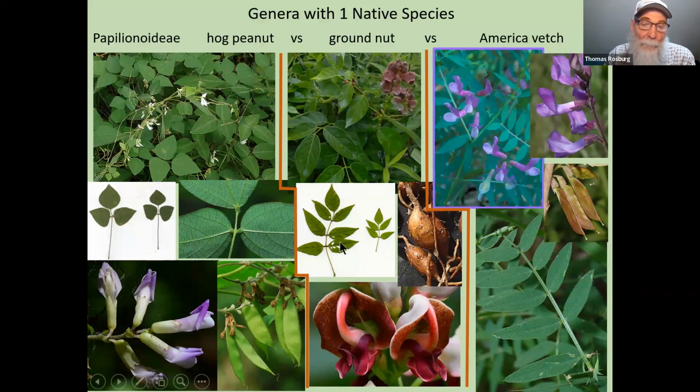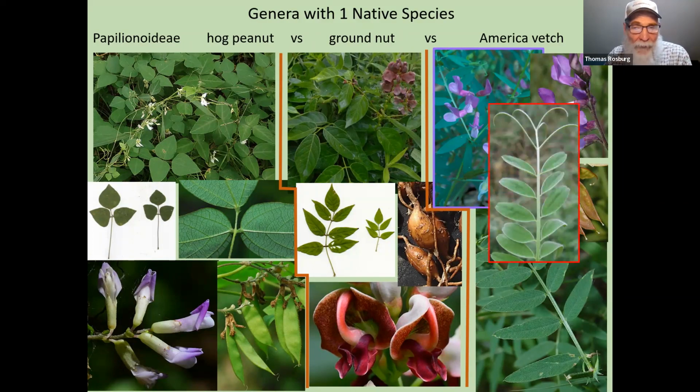Apios has pinnately compound leaves, but has either 5 or 7 leaflets. And Vicia over here has many leaflets. And of course, Vicia is different from these two in the sense that it is a scrambler. It climbs on other things, but this is a herbaceous vine because it has true tendrils.